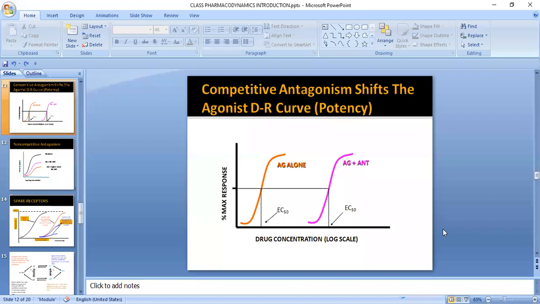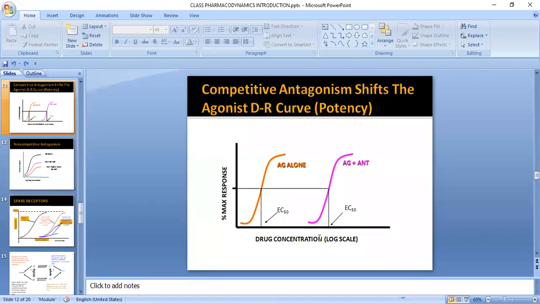So I am doing the competitive antagonism. Here there is a parallel shift in the dose response when we go on increasing the concentration of the agonist. In case of competitive antagonism, both agonist and the antagonist bind to the same site. Here, after increasing the concentration of the agonist to double the antagonist, the maximum response can be obtained, but there is a parallel shift in the drug response.